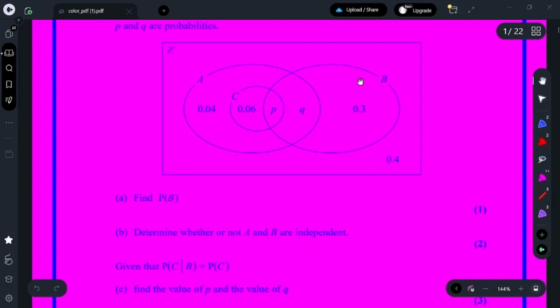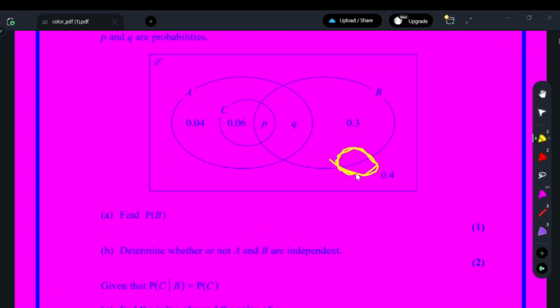So we can only have D inside B or overlapping with B. It's overlapping, so we're going to have D here.